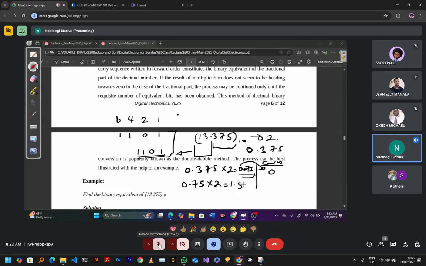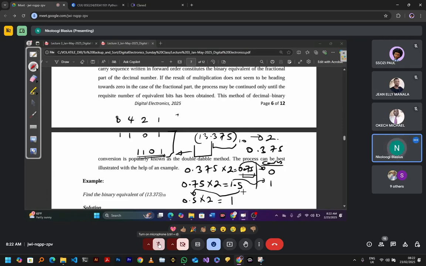which is equal to 1.5. Again, the fraction part of this is going to be the multiplier, which you bring here, and then the carry is the 1, which seems to be now the part of the integer. So that will be a 1 to be carried, and then you have a 0.5 times 2, which should be a 1.